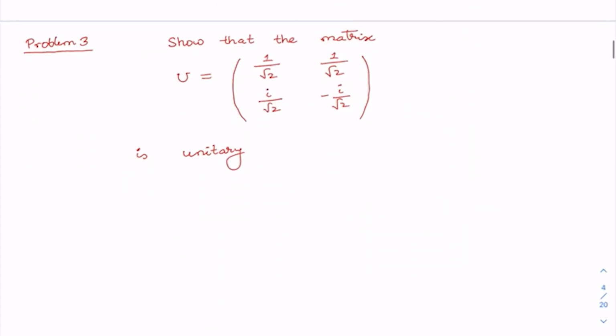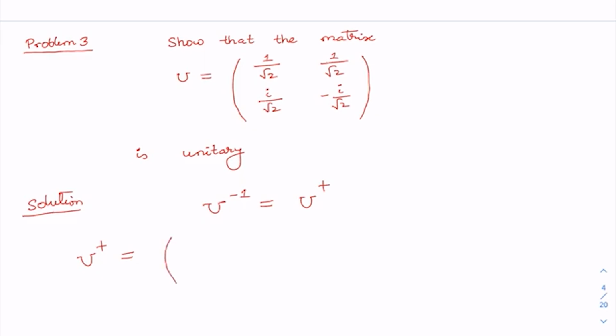Let us now work out this problem. You are asked to show that this given matrix is unitary. Now this matrix U is unitary if the inverse of U is equal to U dagger, which is the Hermitian conjugate of the matrix U. Now U dagger would be obtained by taking the complex conjugate of U and then the transpose.